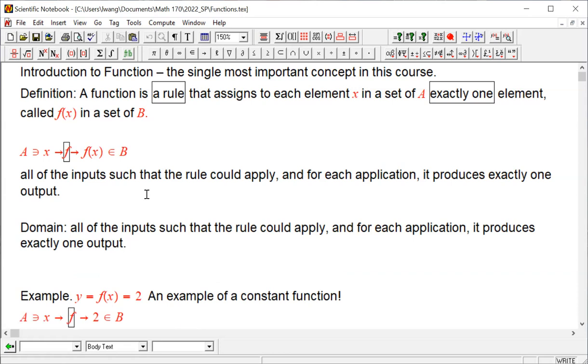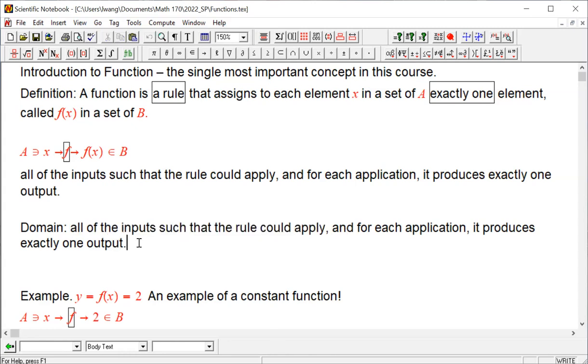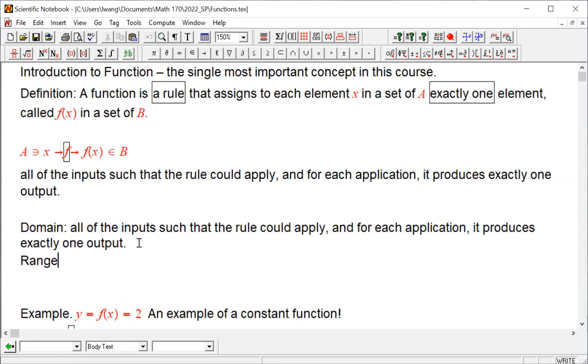Now the next question comes. Well, you have all of these inputs to which you can apply the rule, and for each input, it produces exactly one output. So how about I put all of these possible outputs together? All of the outputs together make the range.